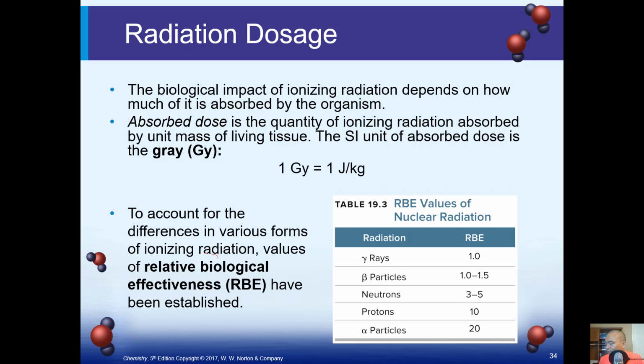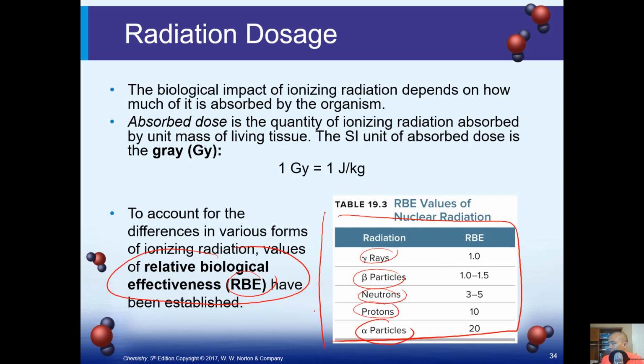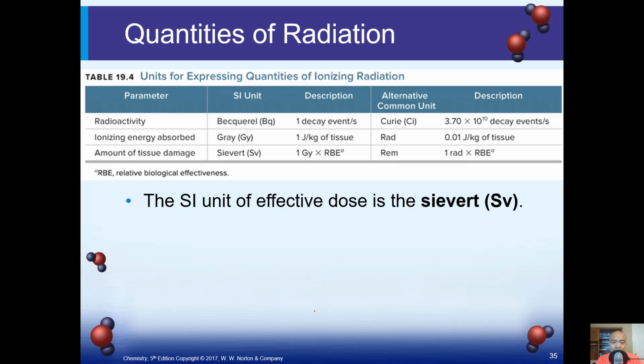For this reason, the relative biological effectiveness, or RBE, has been established, as you can see in this table. Alpha particles, beta particles, gamma rays, neutrons, and protons have different relative biological effectiveness.